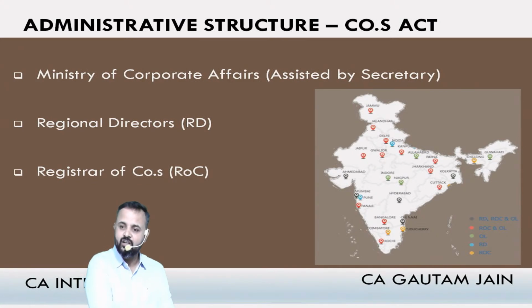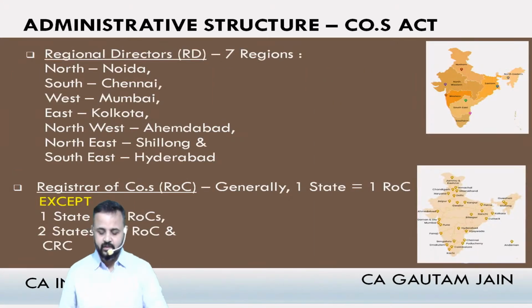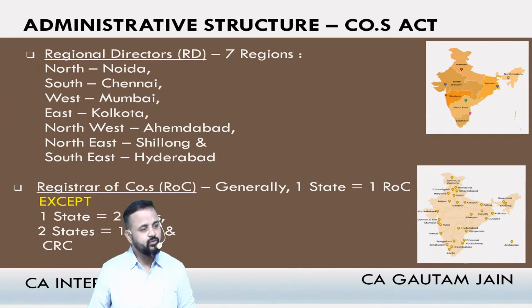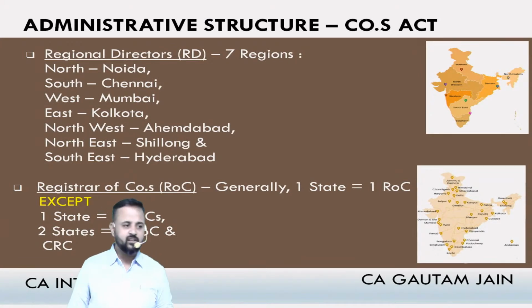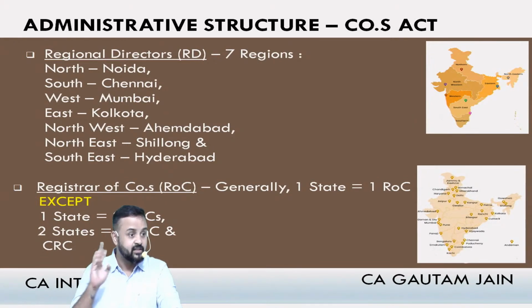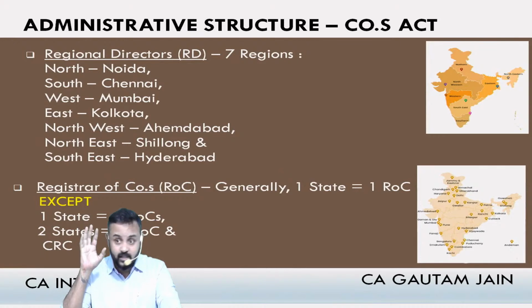Then we also have got Registrar of Companies, which in short we call ROC. Right? So the general rule with respect to ROC is one state, one ROC. However, we may find some exceptional cases as well, like the 7 sister states in the east. That means 7 states, but only one ROC.